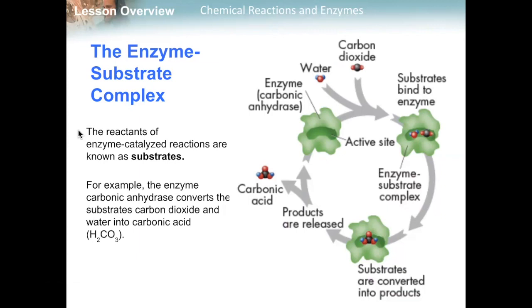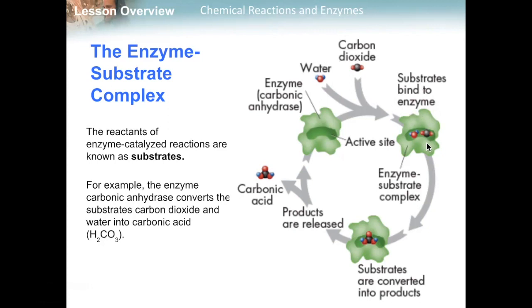The reactants of enzyme catalyzed reactions are known as substrates. For example, the enzyme carbonic anhydrase converts the substrates carbon dioxide and water into carbonic acid. So this carbonic anhydrase right here grabs a carbon dioxide and a water.